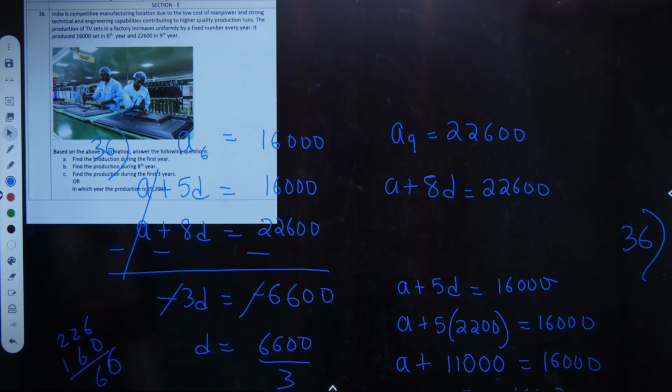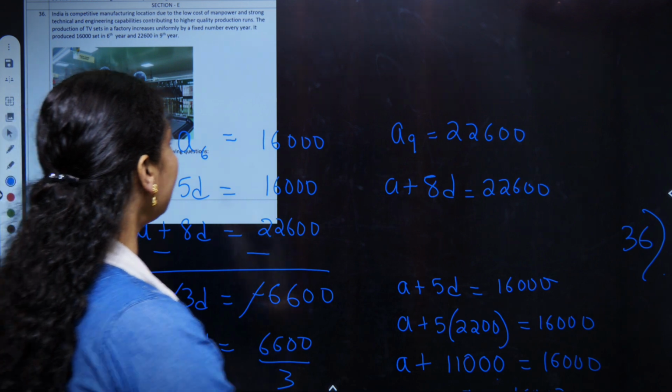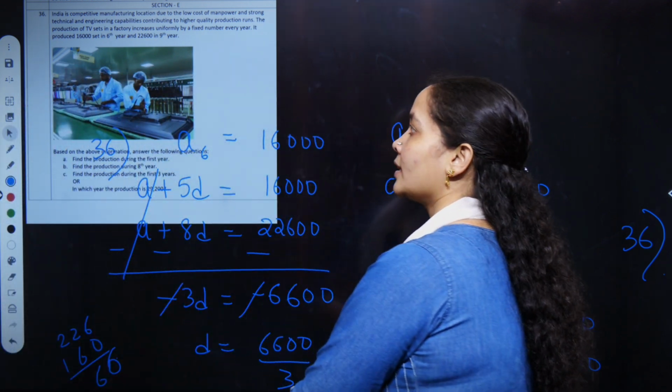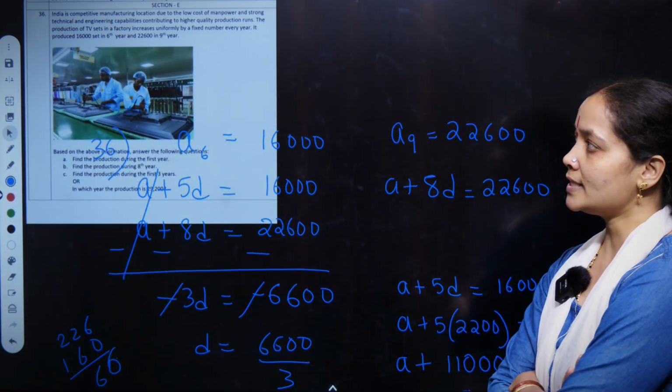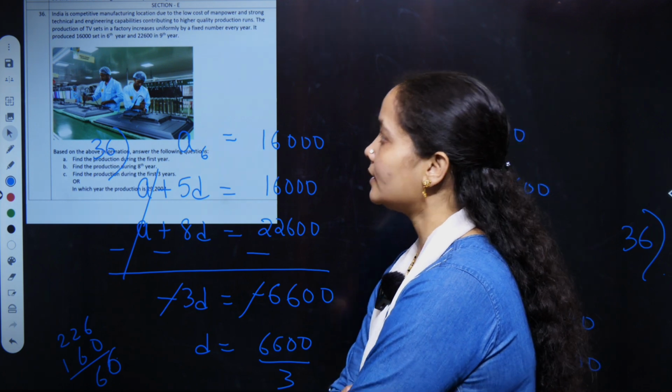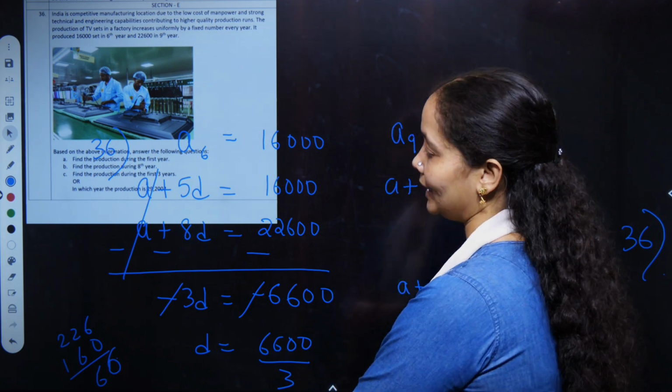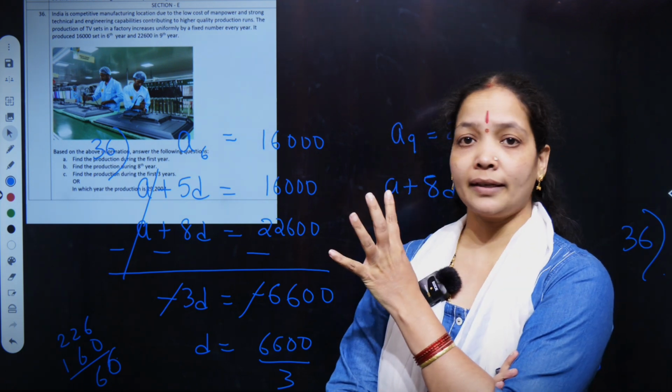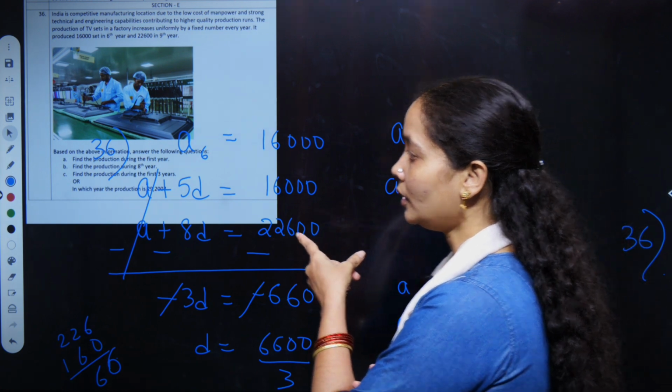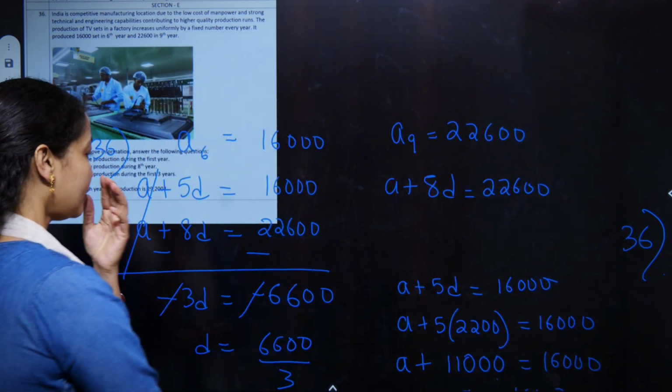The production of TV sets in a factory increases uniformly by a fixed number every year. It produced 16,000 sets in the 6th year and 22,600 in the 9th year. Based on this paragraph, I have to answer the questions given below.